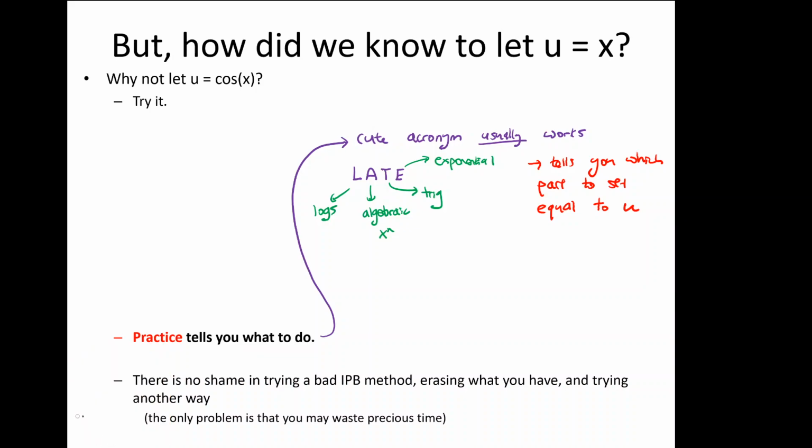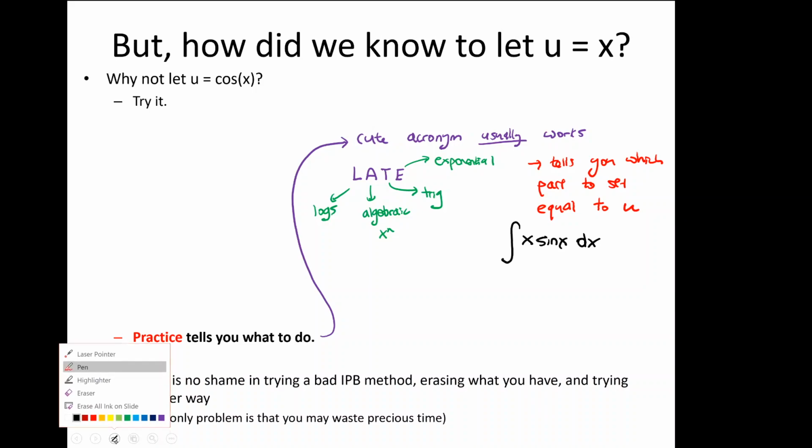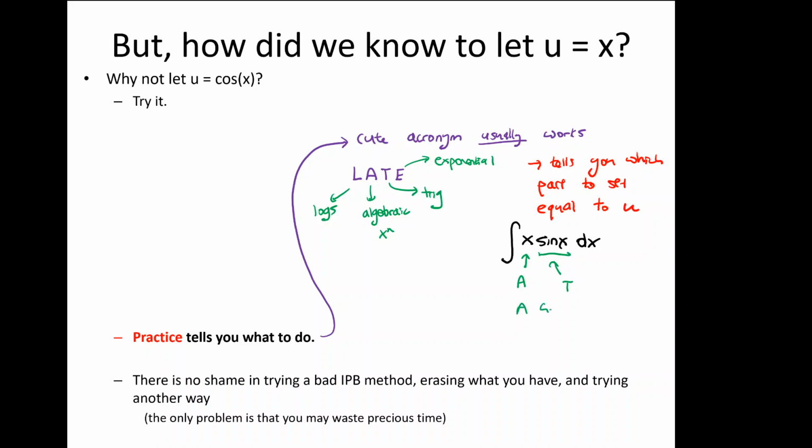Here's how it works. So let's say we have an integral of x times the sine of x dx. This contains both an A term and it contains a T term. A comes first in LATE. It appears first in the acronym. Let u equal x.